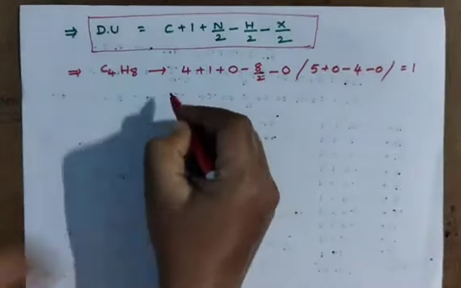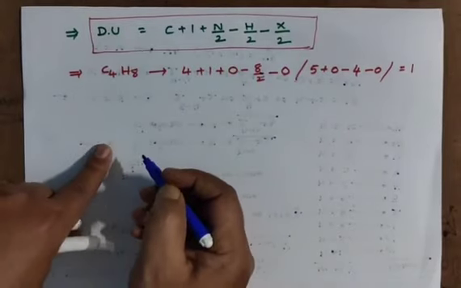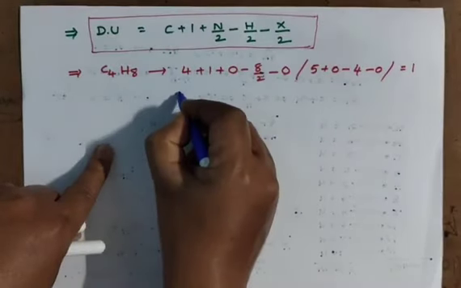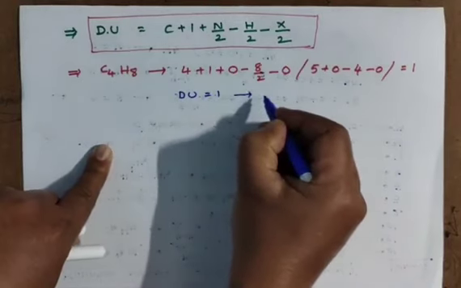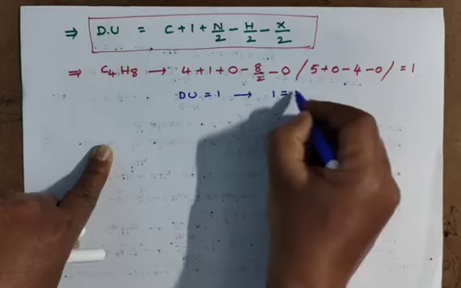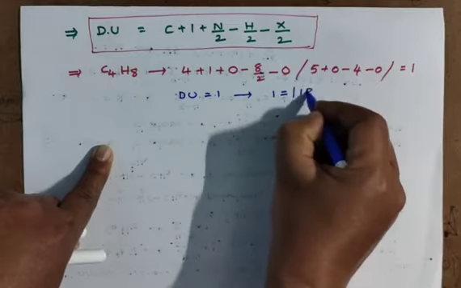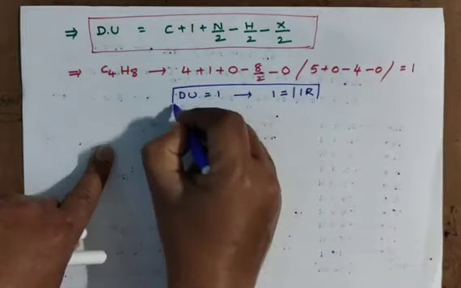So DU, how much did you get? 1. If DU is 1, degree of unsaturation is 1. If DU is 1, then you have to remember that one double bond means unsaturation, or one ring is possible. One ring is possible. Clear?